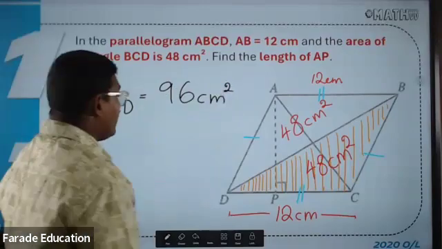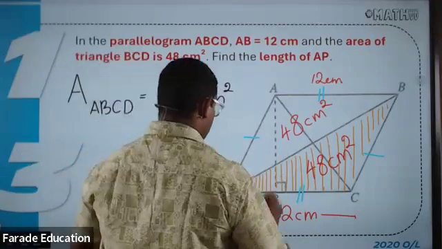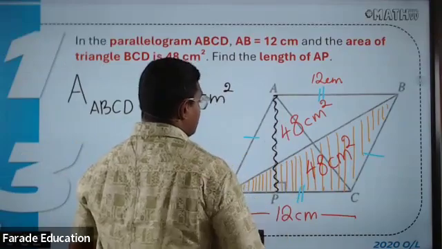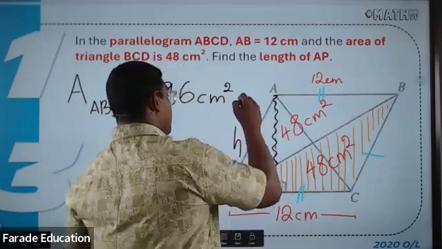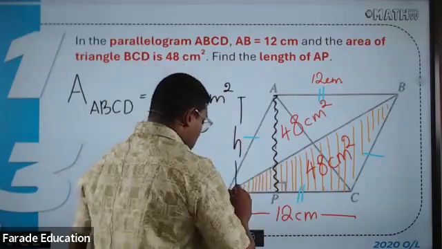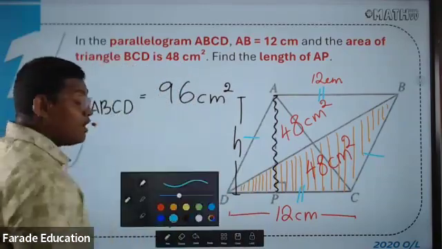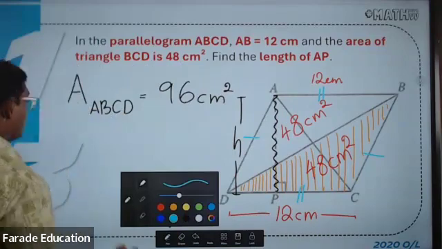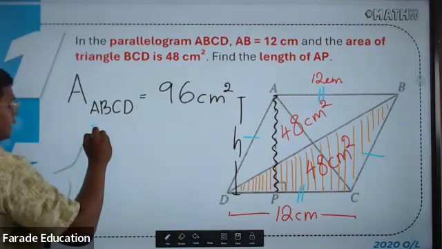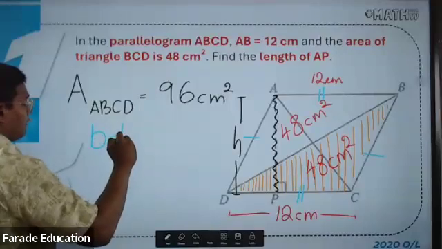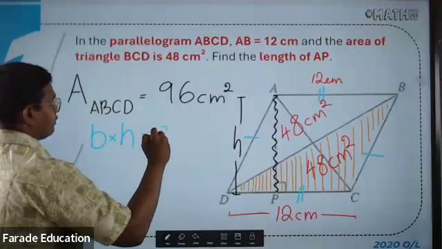Clear? We need to find AP. What is this length AP? That is the perpendicular height of the parallelogram. And I also taught you how to find the area of a parallelogram. Base into perpendicular height equals the area.